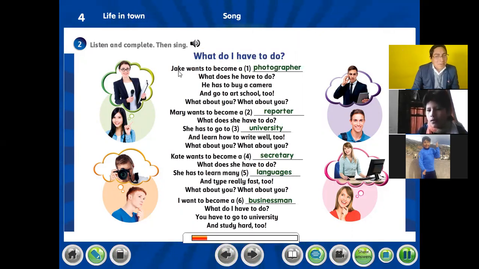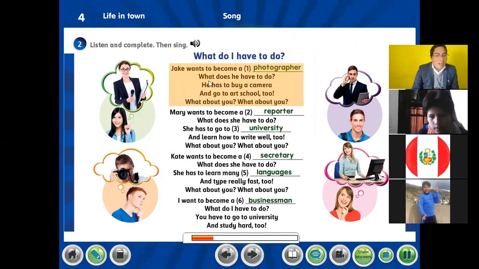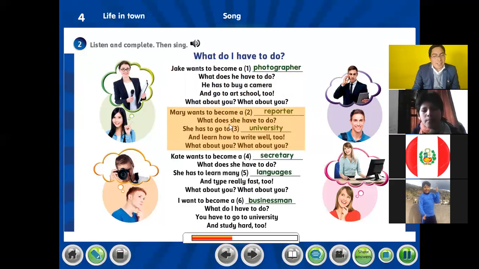Have to, okay? Remember, have to. Jake wants to become a photographer. What he has to do, that's why remove the camera. What about you? What about you? you? Jerry wants to become a reporter. What he has to do? And learn how to refer to. What about you? What about you?